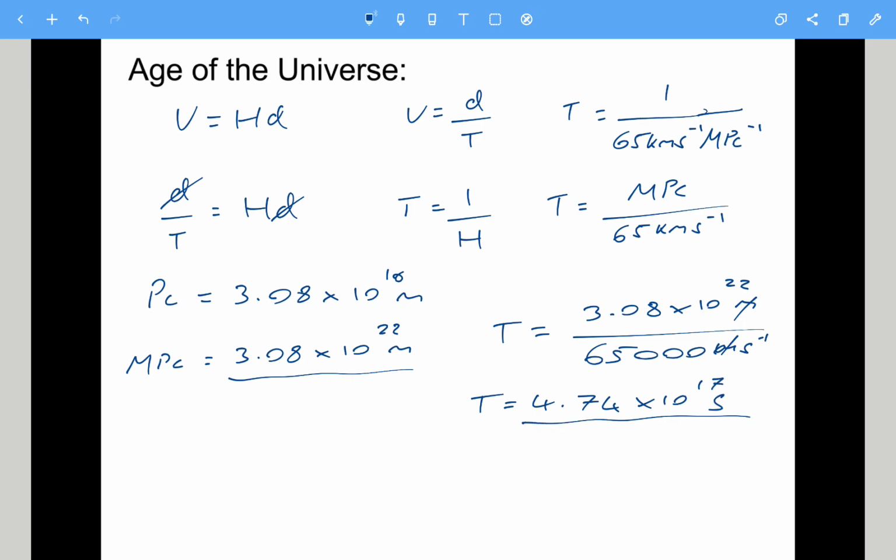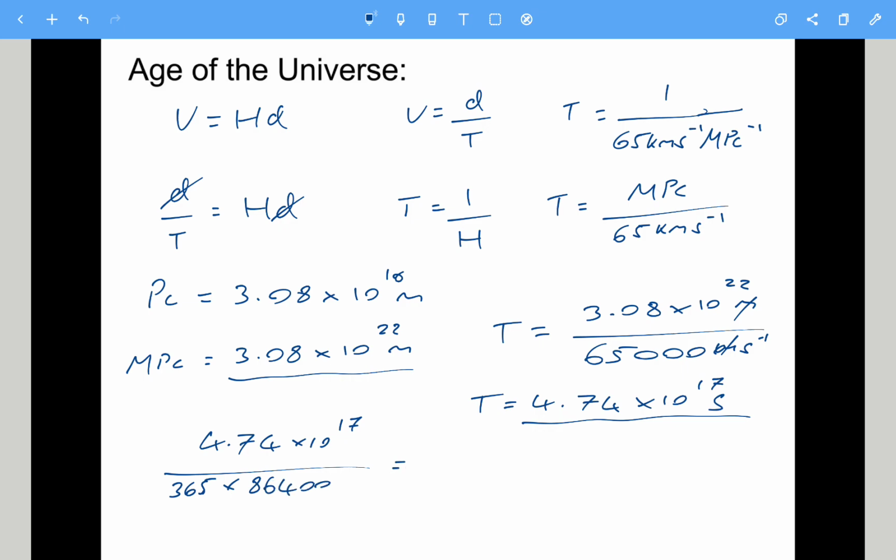We can convert that to years. So what we need to do is the 4.74 times 10 to the power 17 divided by the amount of seconds in a year. So 365 days, you could use a quarter if you wish, times seconds in a day, 60 times 60 times 24, which is 86,400.